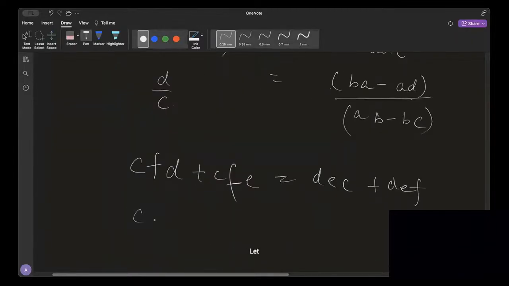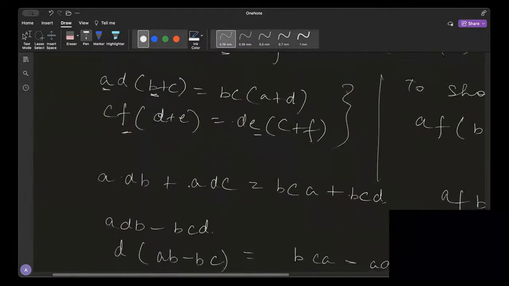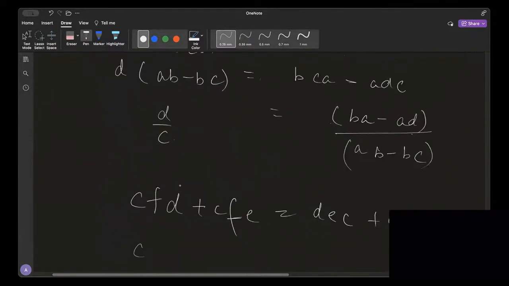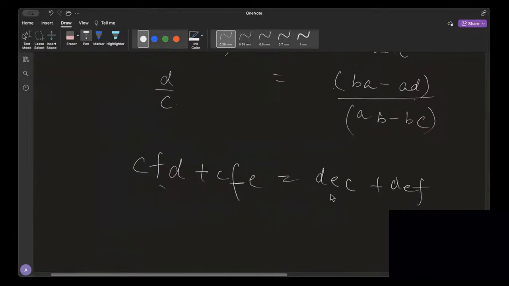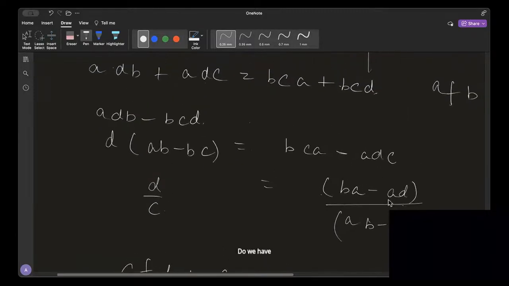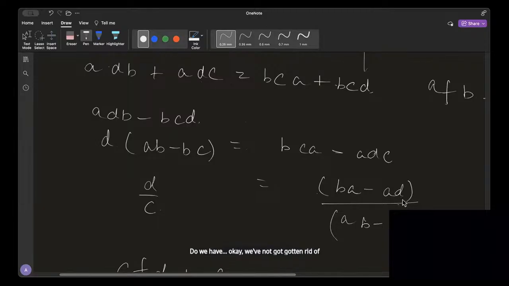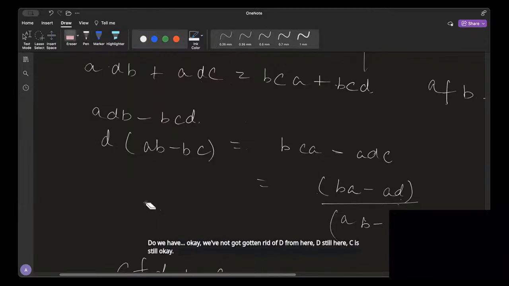Let's take C common, because we're trying to, so CFD, and you take CFD from here. Do we have, okay, we've not gotten rid of D from here. D is still here, C is still, okay. This is of no use then.